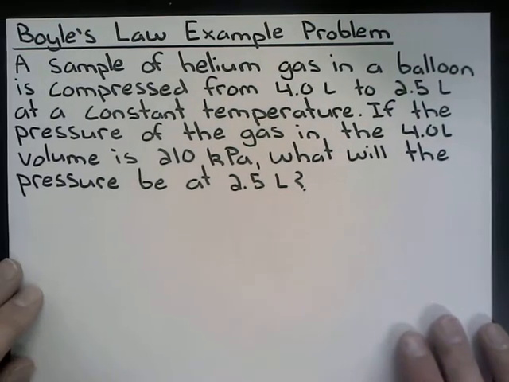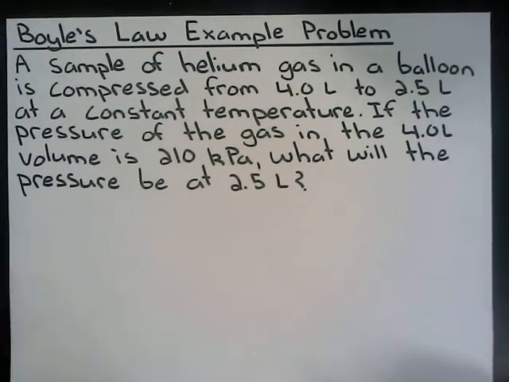All right, so here is our example problem. It says a sample of helium gas in a balloon is compressed from 4 liters to 2.5 liters at a constant temperature. If the pressure of the gas in the 4.0 liter volume is 210 kilopascals, what will the pressure be at 2.5 liters?